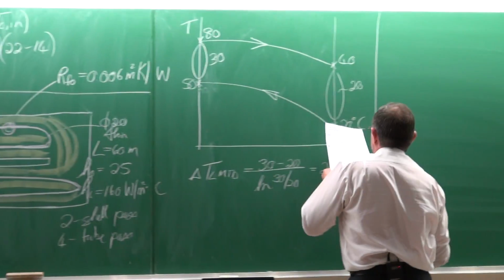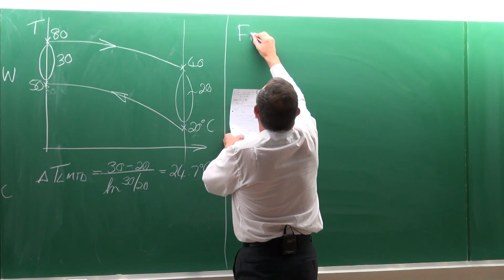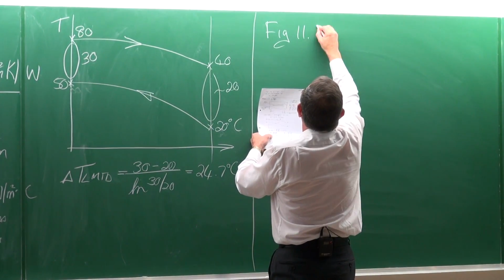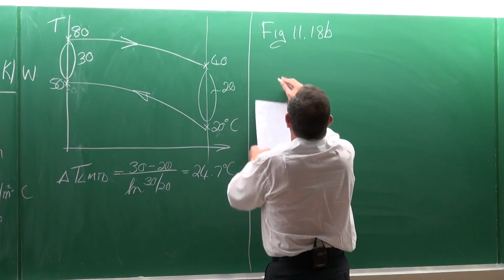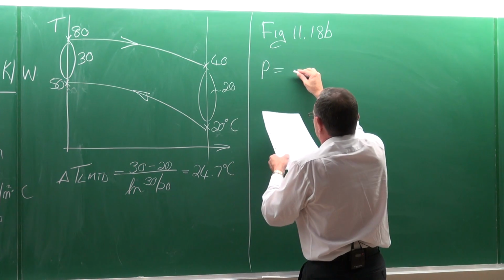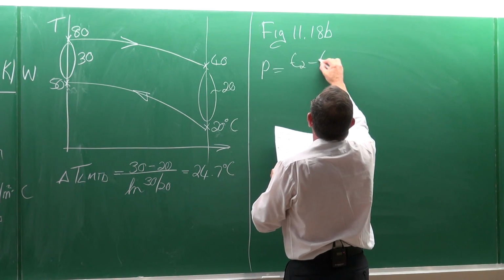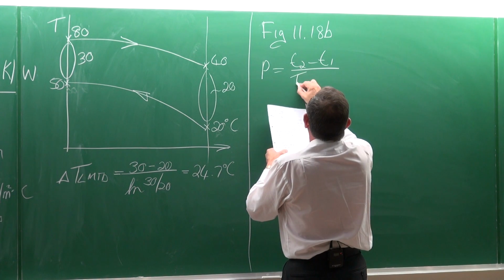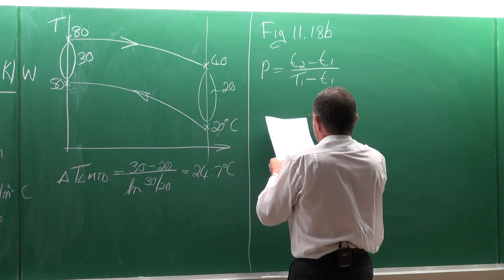So, from figure 11.18b, we can calculate the value of P, which is small t2 minus small t1, divided by capital T1 minus small t1.